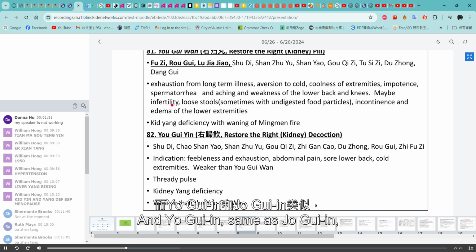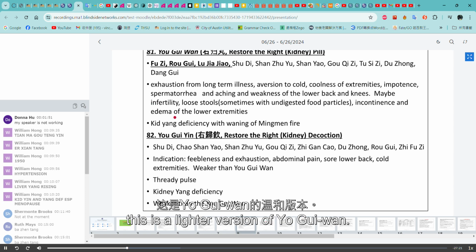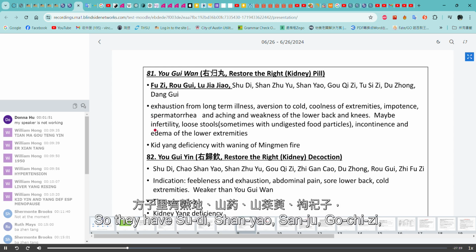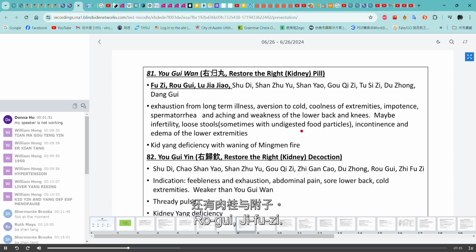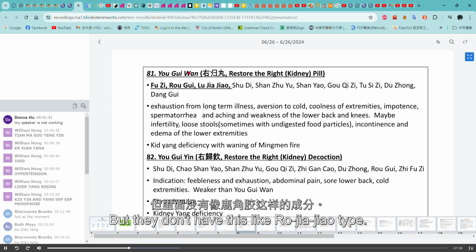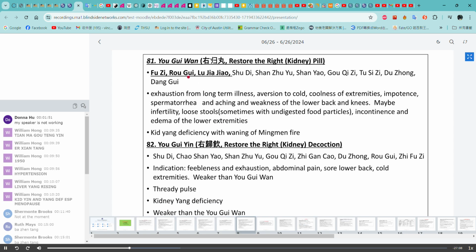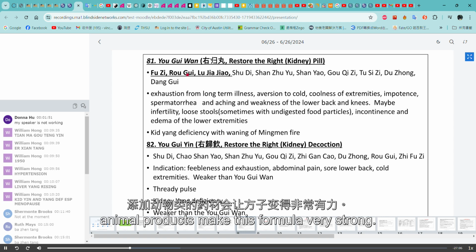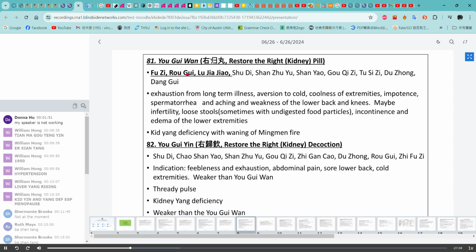And You Gui Yin, same as Zuo Gui Yin, is a lighter version of You Gui Wan. They have Shudi, Shanyao, Shan Zhu Yu, Gouqizi, and Zhi Fuzi, but they don't have the Lu Jiao Jiao type, because animal products make a formula very strong and potent.